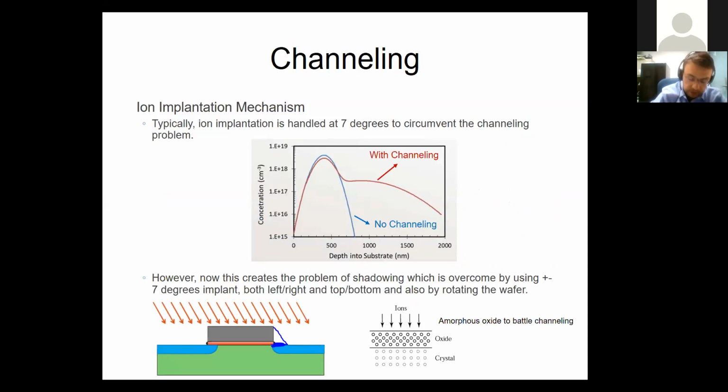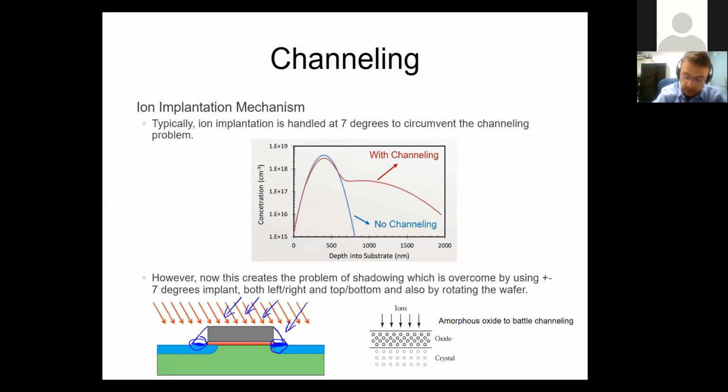Well, you can send the ions also at the other angle, plus minus 7 degrees. So you can make sure that these portions will be shadowed around the same amount, but still it will receive some ion implantation here too.